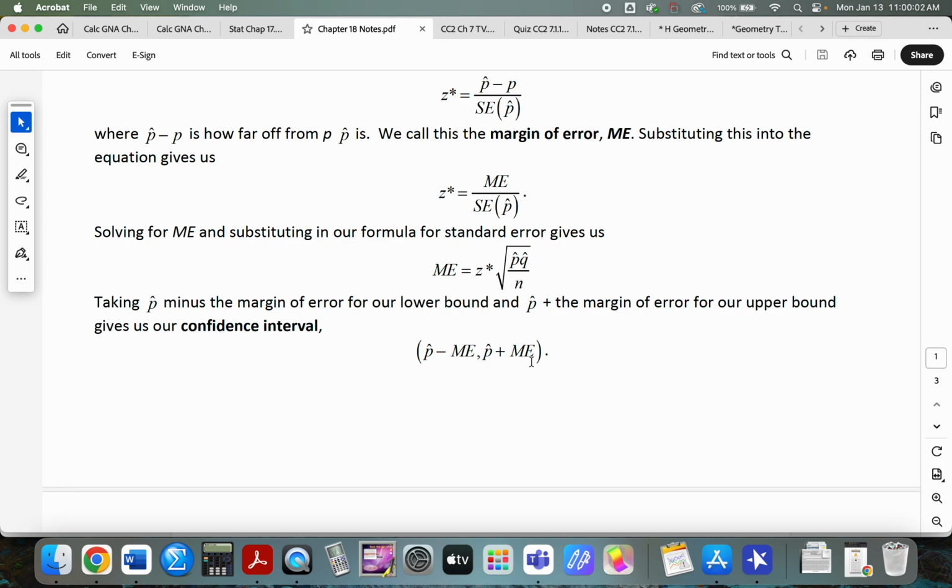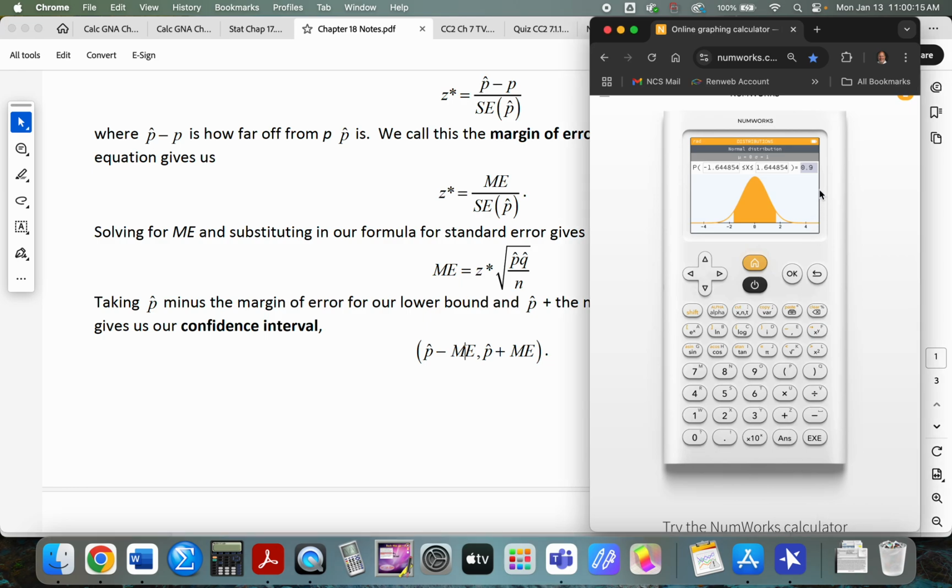So in order to find the critical value, you have to use the standard error. No, we just did that on your calculator. If we want to collect 90%, my z critical is 1.644.